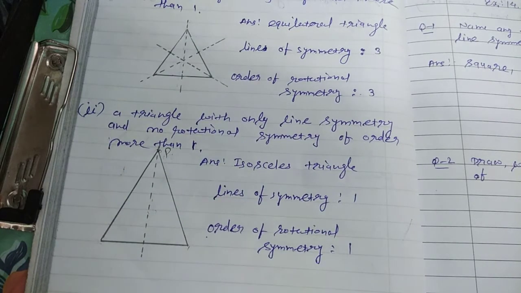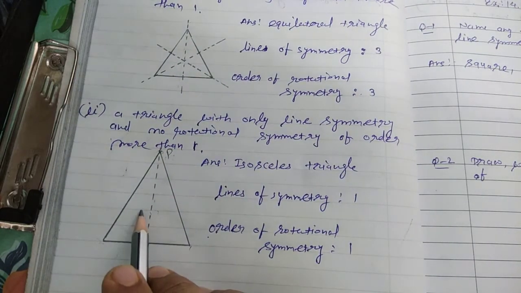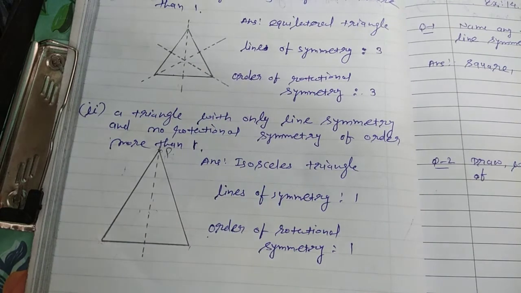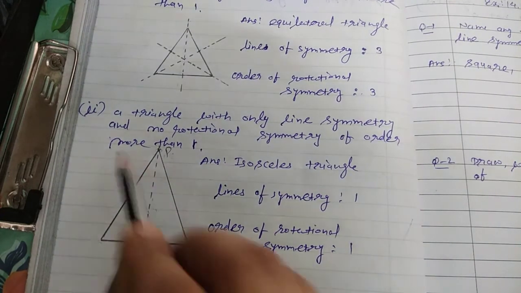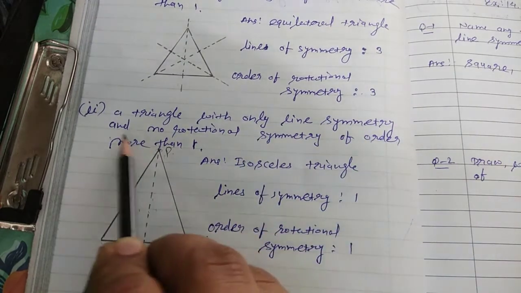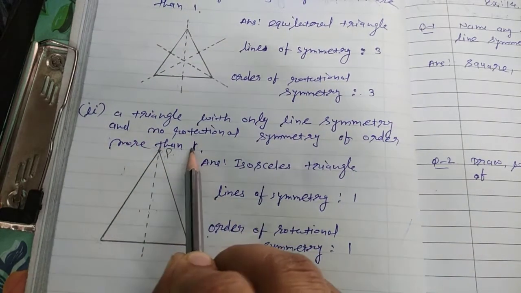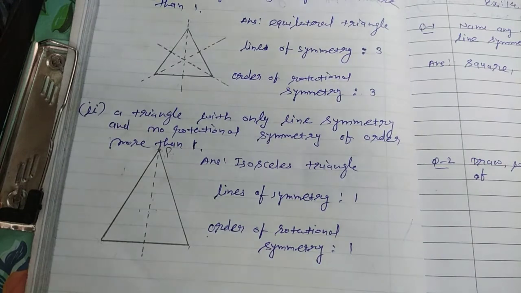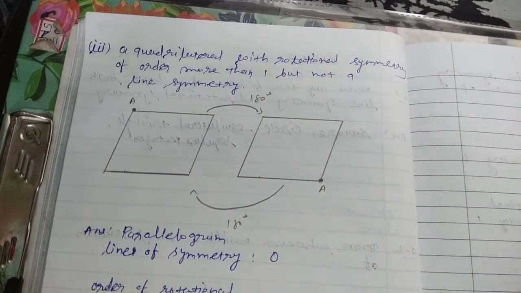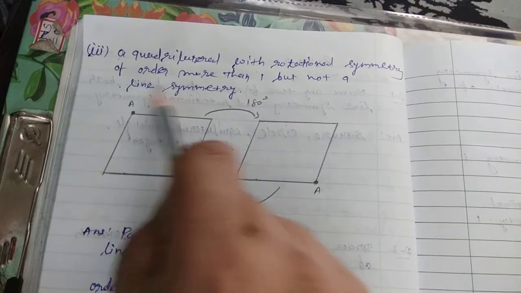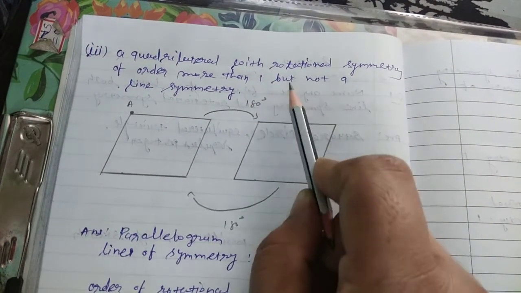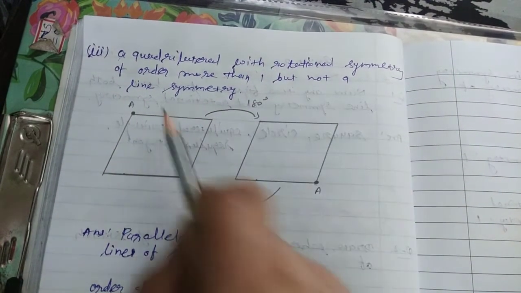That's why we can say that this isosceles triangle has a rotational symmetry of order 1, not more than 1. So a triangle with only line symmetry and no rotational symmetry of order more than 1 is the isosceles triangle.